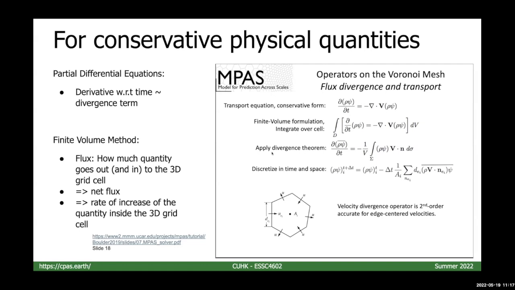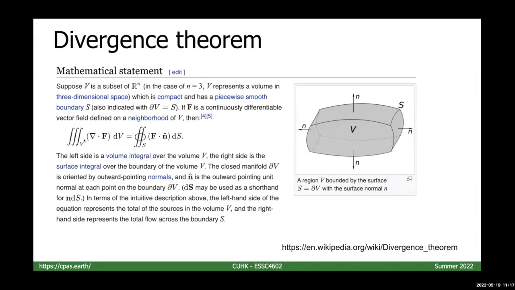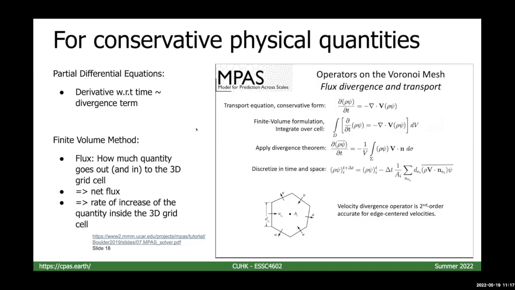And then you apply the divergence theorem that relates the volume integral to the surface integral. You will arrive at the formulation in the discretized way, discretized in time and space. So this is the finite time step delta t, and this is the finite discretization of the space. And then we can use a computer program to implement the calculation of these finite equations.